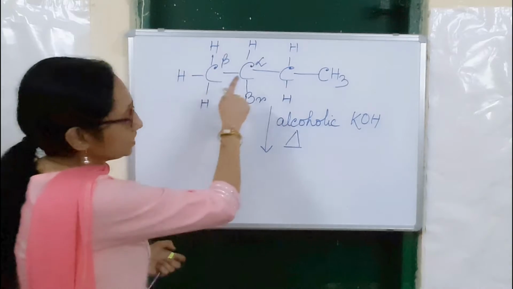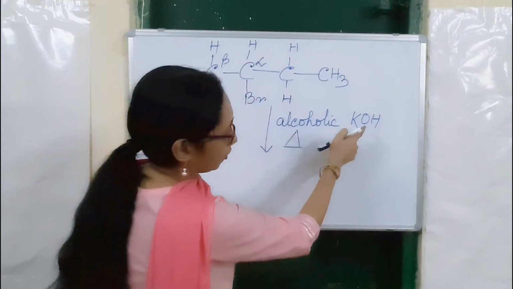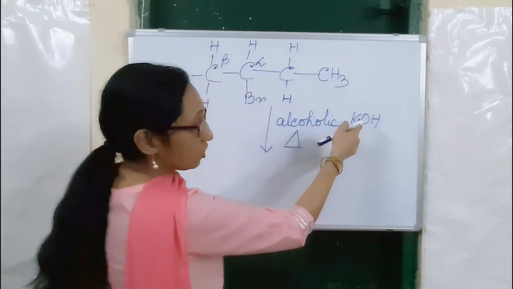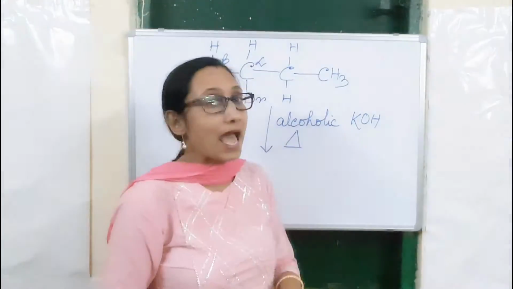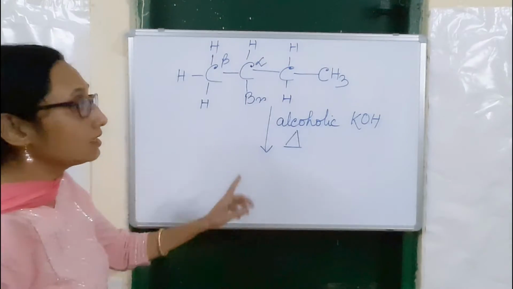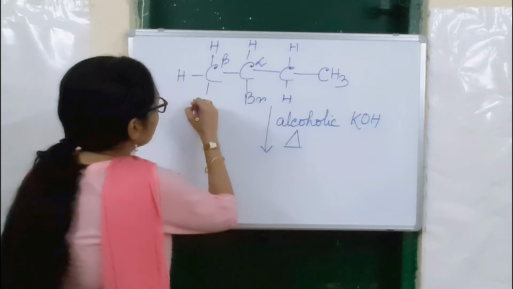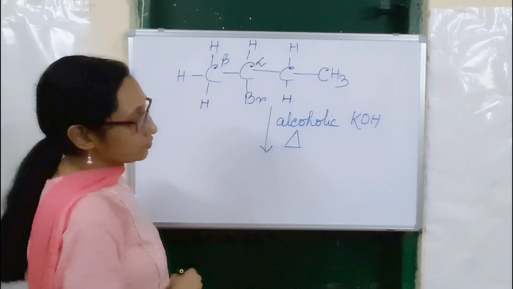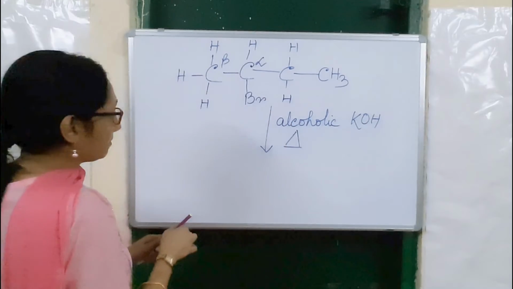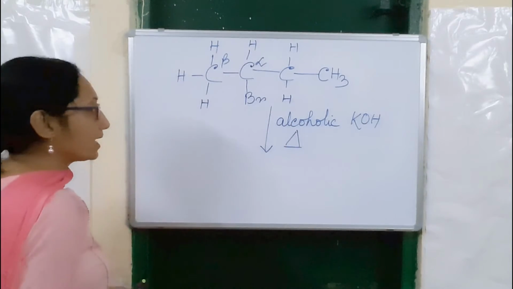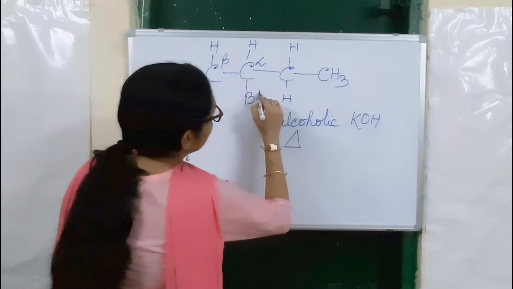When you are treating this 2-bromobutane with alcoholic KOH, this OH minus will act as a base and it will abstract the beta hydrogen. Now suppose this beta hydrogen is abstracted, then H and Br, these two will be eliminated. So in the first case, I am eliminating this hydrogen and this Br.